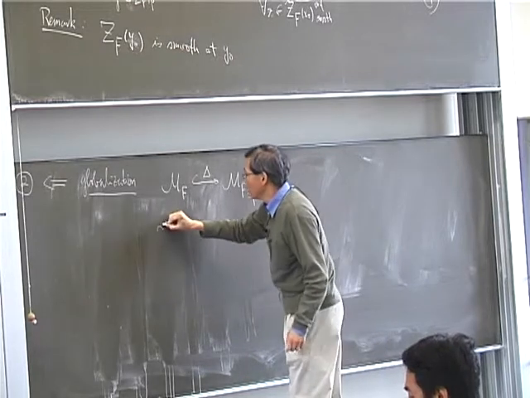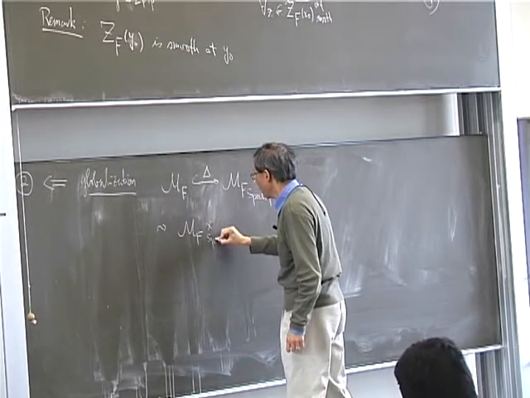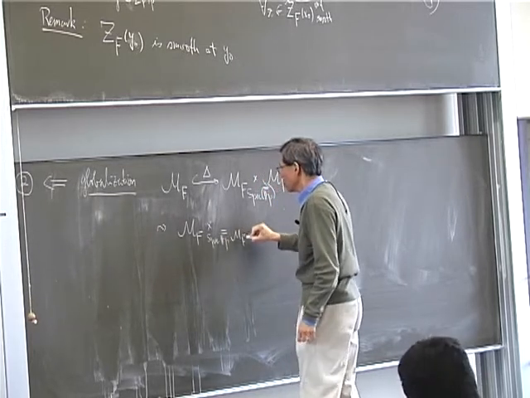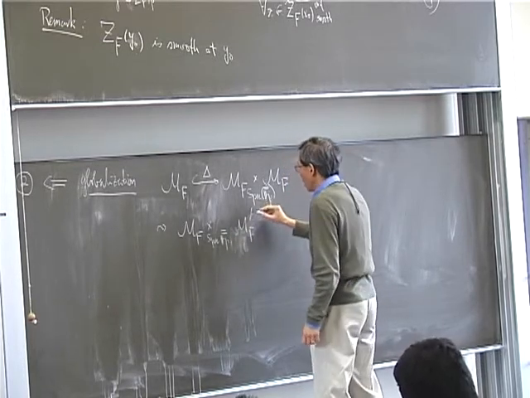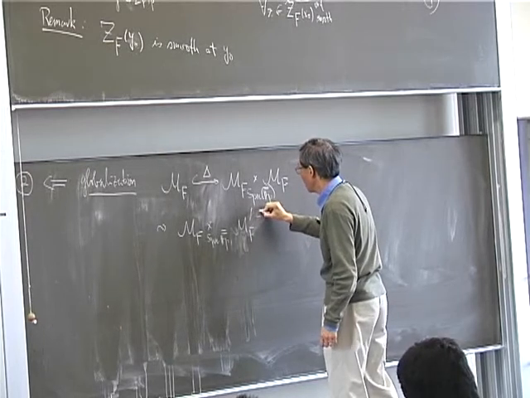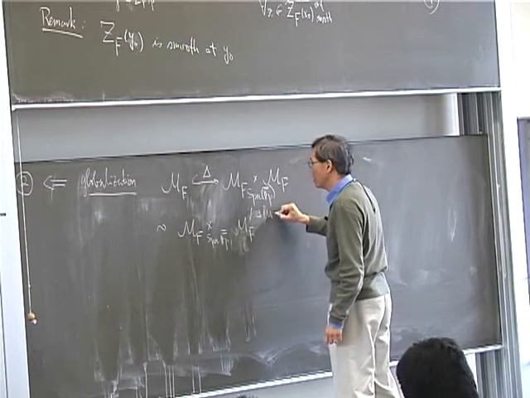And therefore, we can consider, so to speak, the family of tangent cones, called delta of MF.